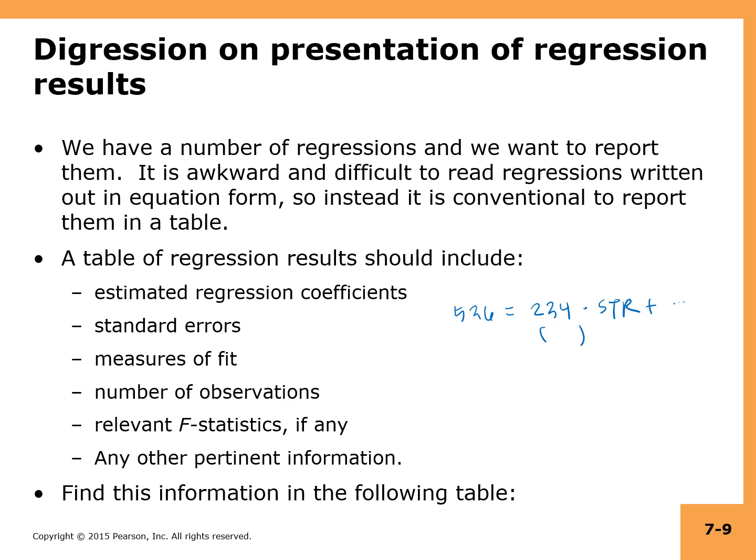But this is probably not the best way to present the regression results when you have multiple regression models. The best way would be to present the information in a table format, which includes the coefficients, standard errors, and other important information.